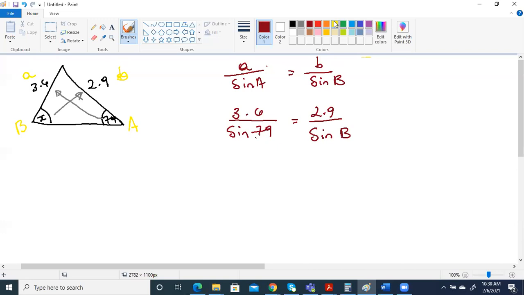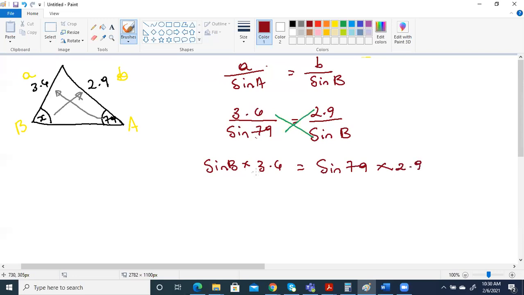So we go ahead and cross multiply that by that, and we would get sine B times 3.6 equals sine 79 times 2.9.